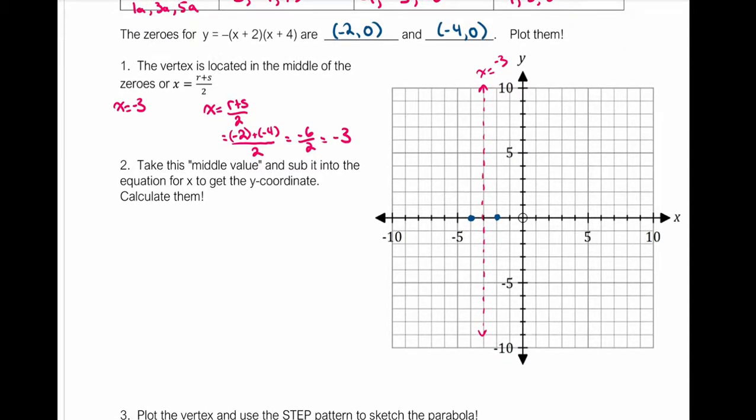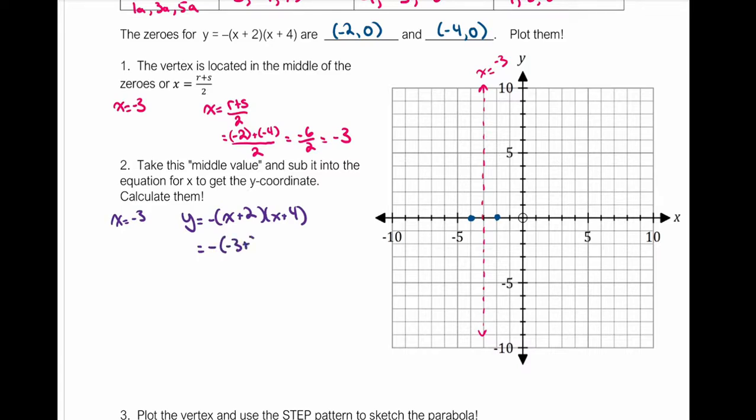The next thing we want to do is basically take this middle value, or this x equals negative 3, and sub it into the equation for x and solve for y. So if I have my general equation, y equals negative x plus 2, x plus 4, I'm going to replace all the x's with negative 3.